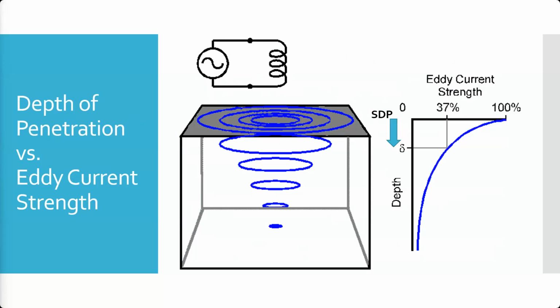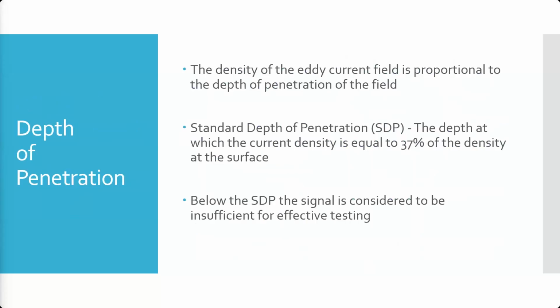Materials engineers and electrical engineers, the people that are going to design these tests, are going to calculate what that standard depth of penetration is based on how thick the material is and how deep we have to look for a flaw. If we're looking for corrosion on the backside of a 50 thousandths piece of sheet metal, and the standard depth of penetration is only 20 thousandths, we're going to have to change something to be able to see the full 50 thousandths.